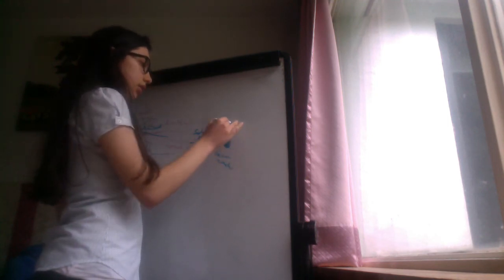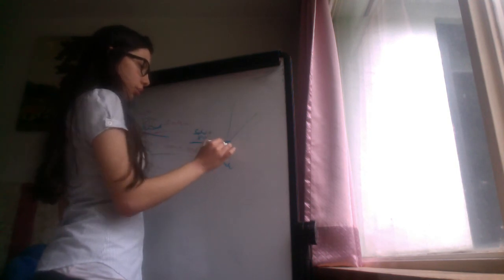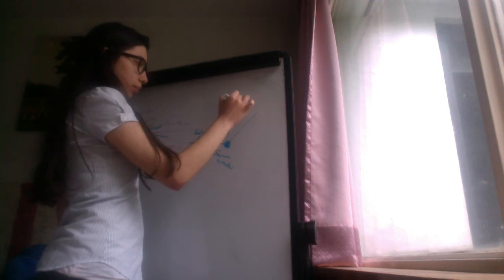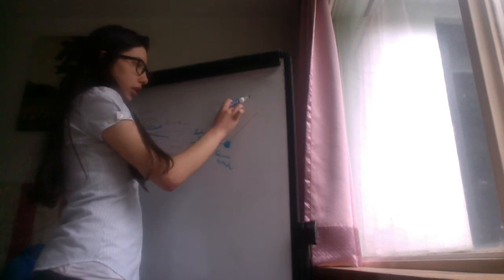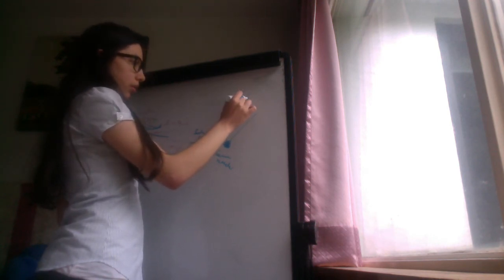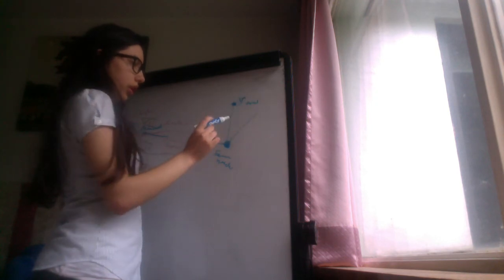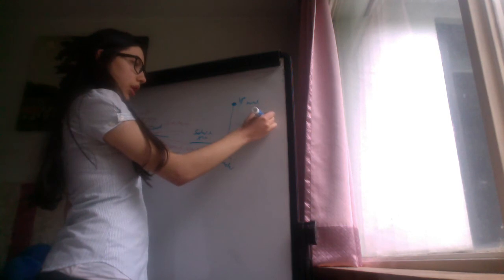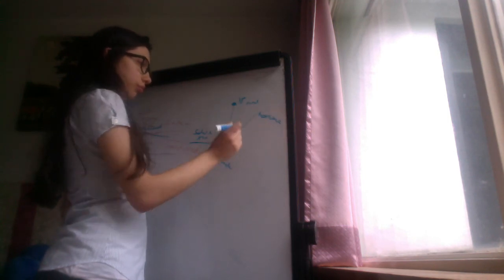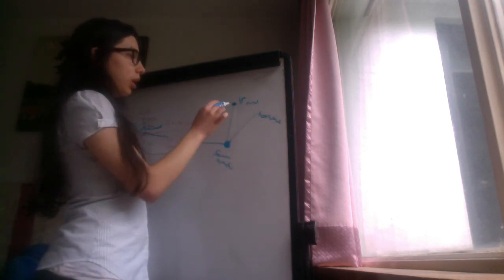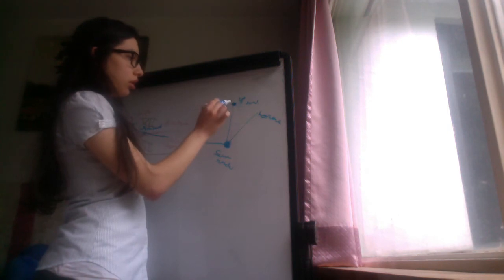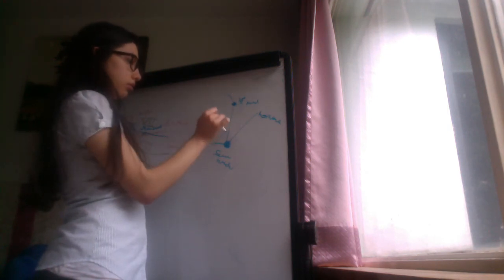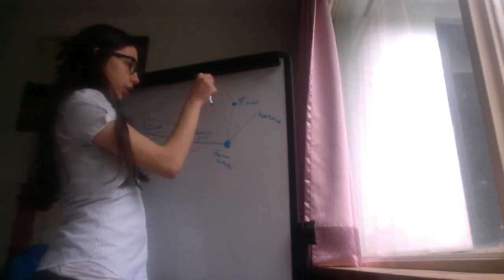Now they ascend and they go mainly to the ventroposterior nucleus of the thalamus. They can also go to the hypothalamus. Here, this is the principal neuron, the second order neuron.